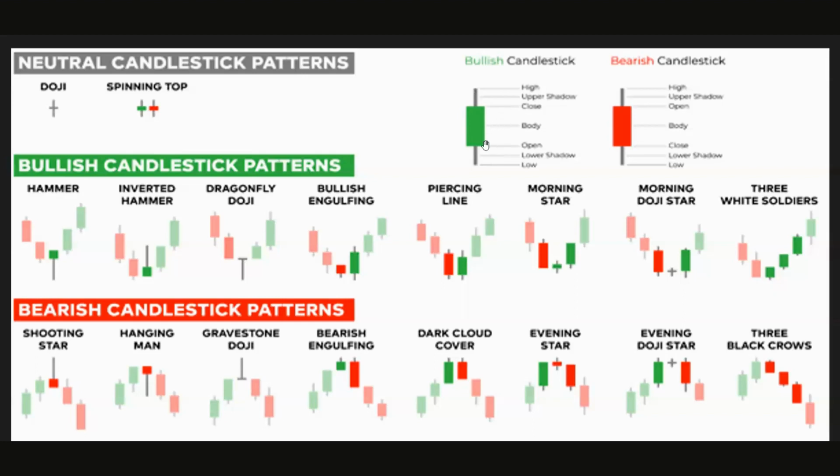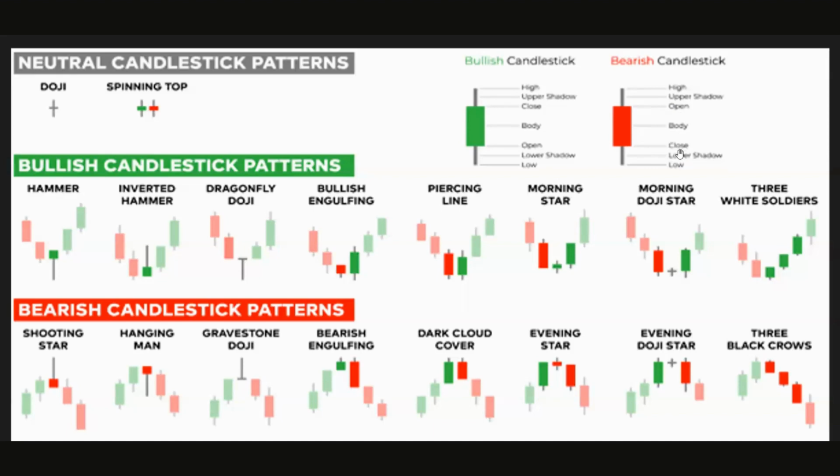So it's green because it opened lower than it closed, and the price of the stock is going up. On the flip side of that, let's say it's the same 15-minute candle, but the price of the stock opened at $5.50. At the end of that 15 minutes, the stock price was at $5. So now we're looking at something where it opened higher than it closed.